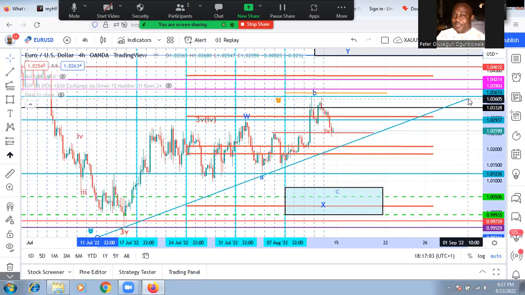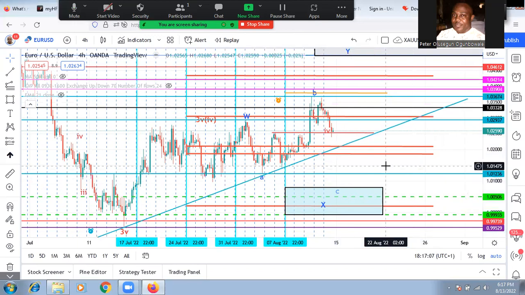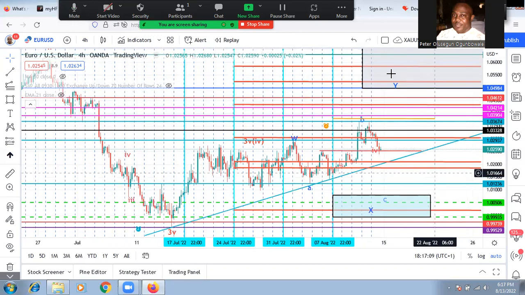But not until we get to these levels. If we come to this level, then that is when we say they have finished their move towards going up. They can't go up further than here, which is the blue zone for downside.